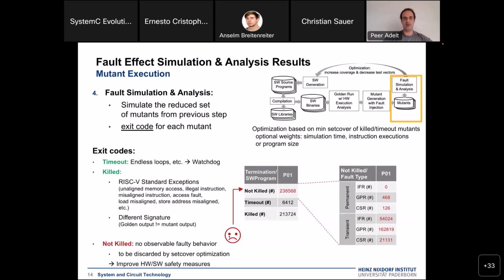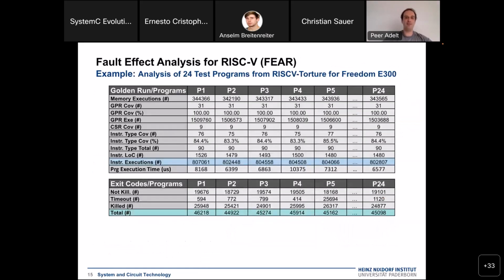Okay. So now coming to an example. I hope you're not shocked by this big table. I will skip most bits of the table. It's just to demonstrate how much information we can gather. The top table shows you a list of 24 test programs that were generated by the assembly software generator RISC-V Torture.